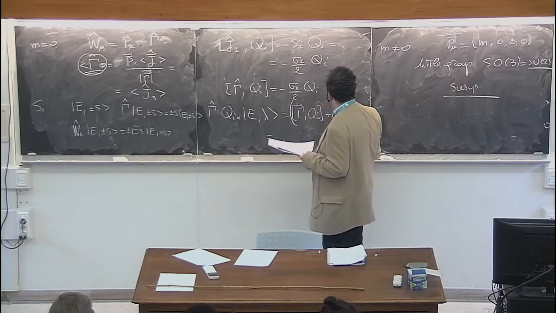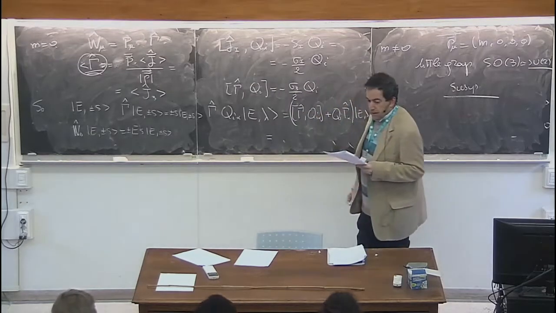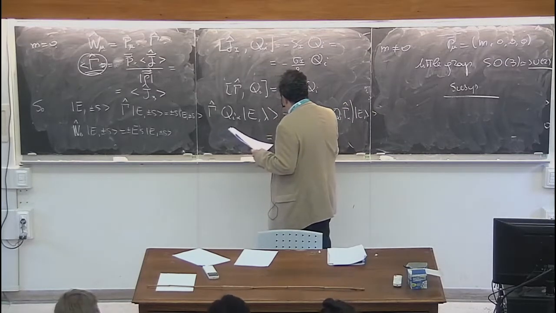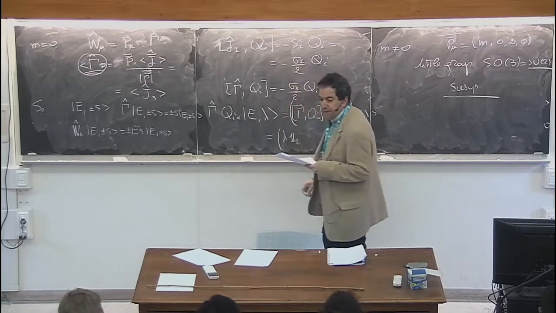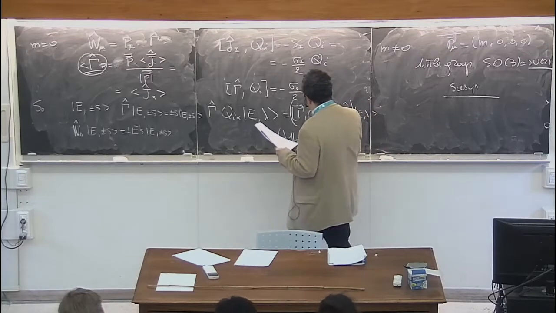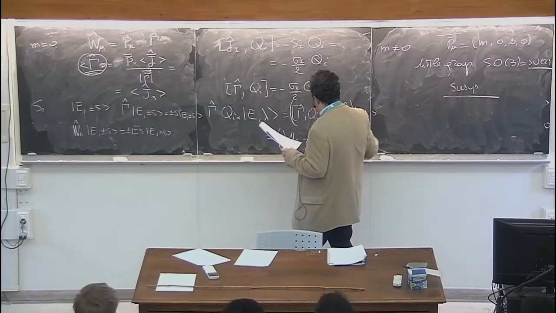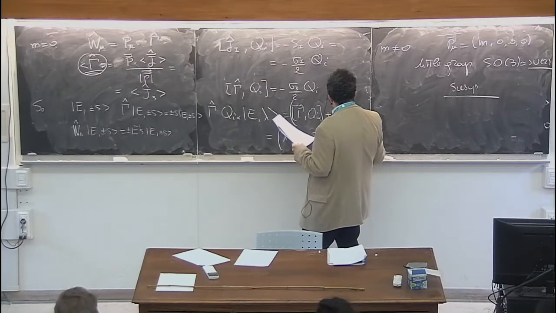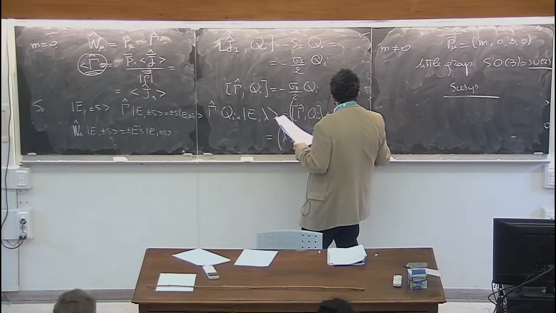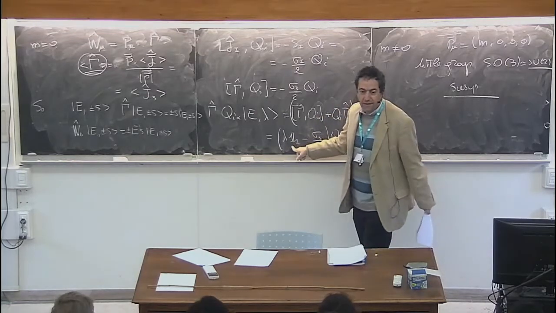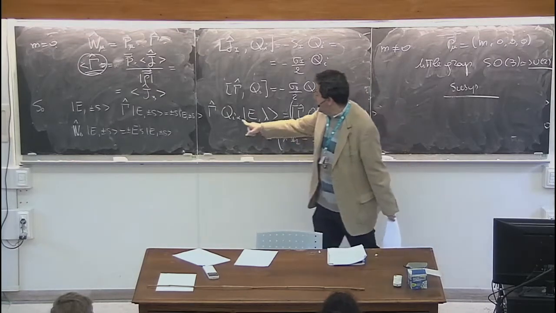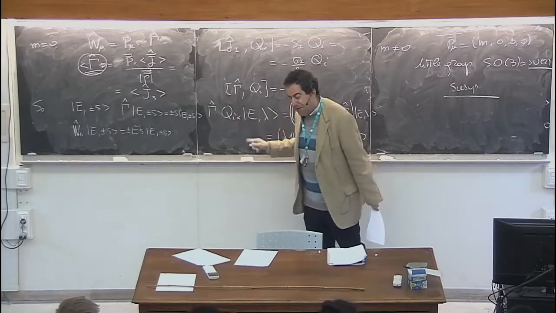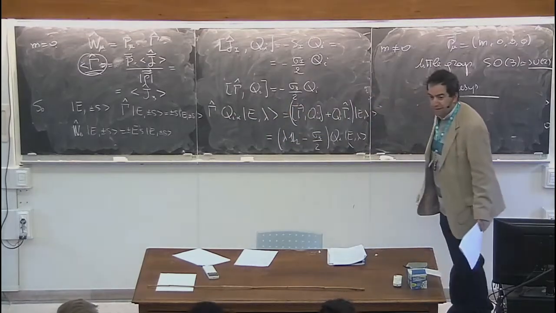So this is lambda times a 2 by 2 matrix, minus sigma 3 over 2, times Q_i E lambda. Why is there a 2 by 2 matrix? Because this vector here has an index alpha, and we are acting on it, so this is the result.